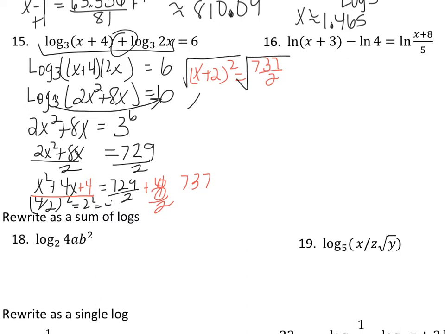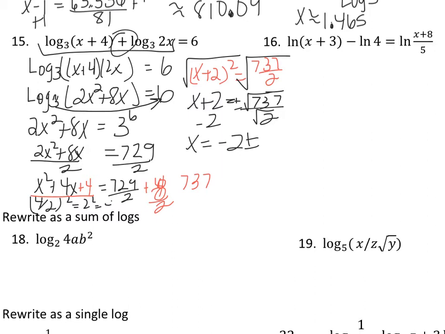And I get x plus 2 equals the square root of 737 over the square root of 2. And then I subtract 2, so x equals negative 2 plus or minus the square root of 737 times 2.